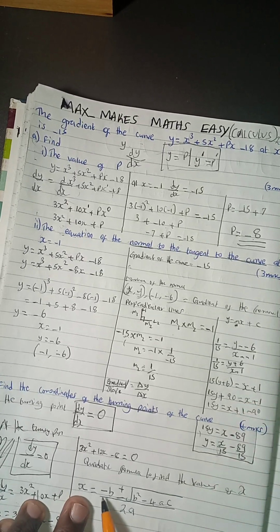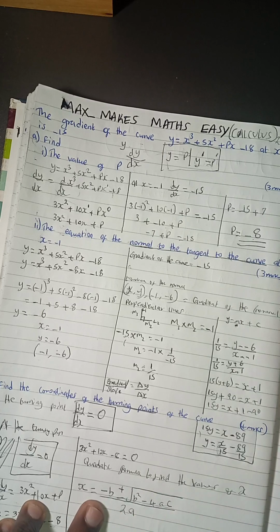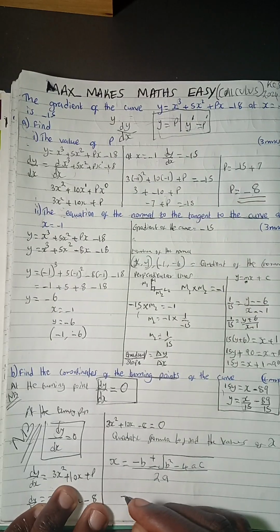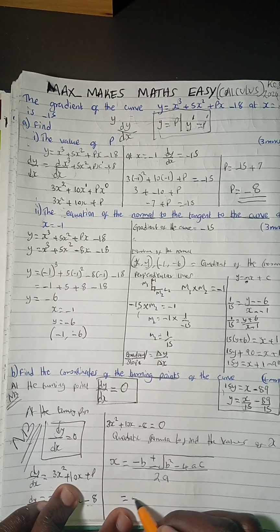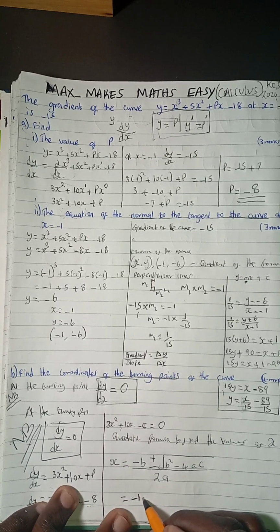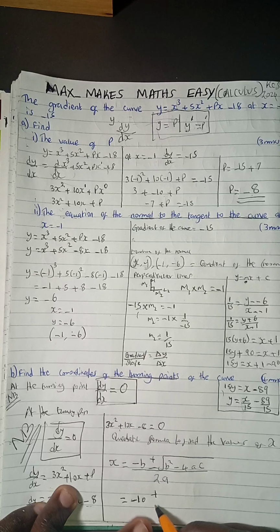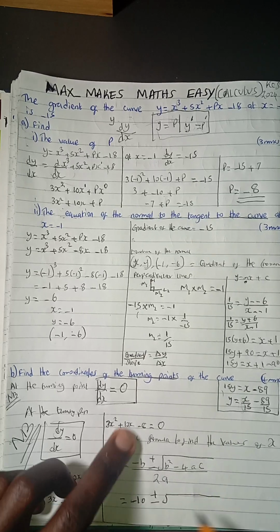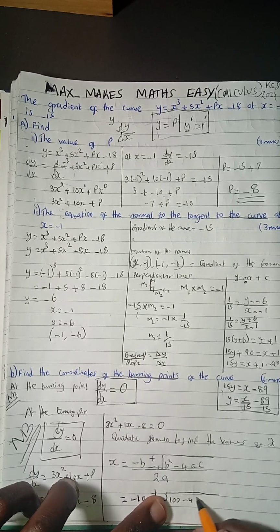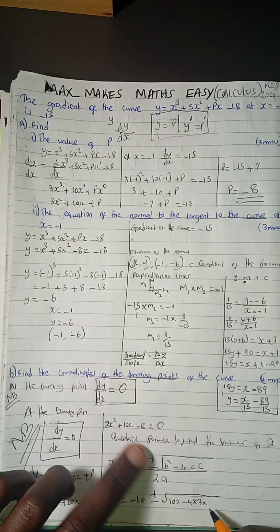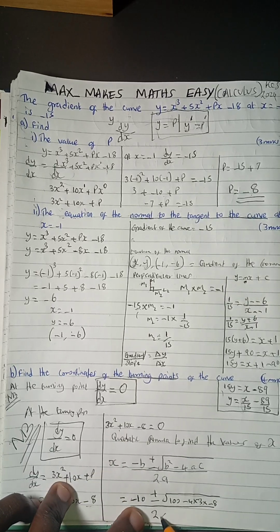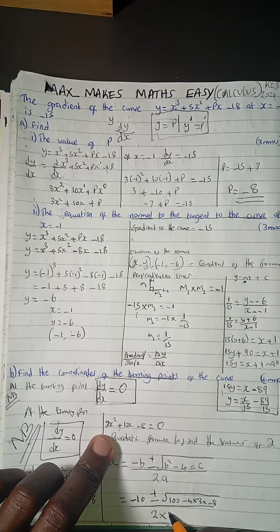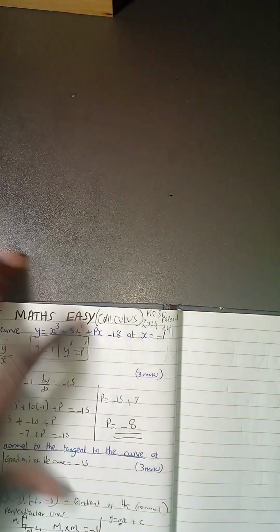So what do we have as our b? So we are told then x becomes minus b. So minus b, since our b is positive, it will retain its negative nature, negative 10 plus or minus the square root of b squared, that will be 100 minus 4 times a, which is 3, times c, which is negative 8, divided by 2 multiplied by the coefficient of x squared, which is 3.